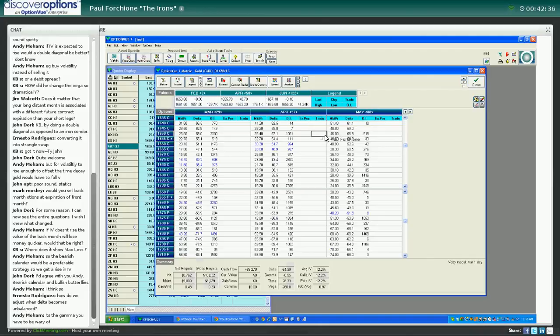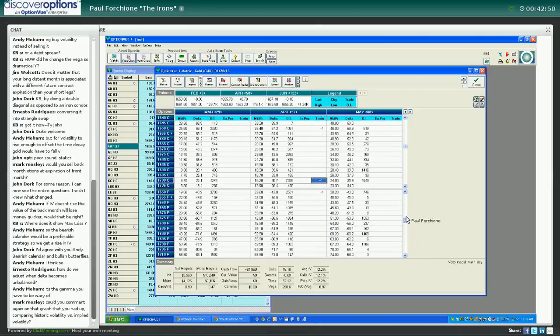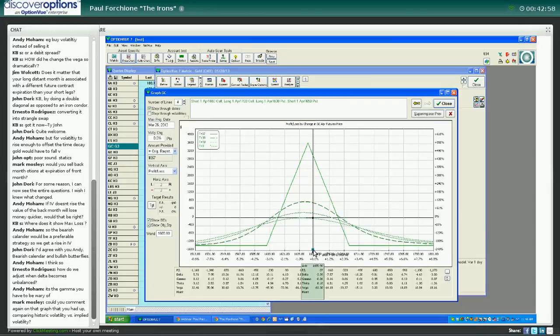You might want to go with the more liquid. Sell the 1650 call, and then go ahead and sell the 1650 put, because that has a lot of open interest as well. And now if we go ahead and buy our insurance again at the 1700 level and at the 1600 level, now we've got our neutral iron butterfly.